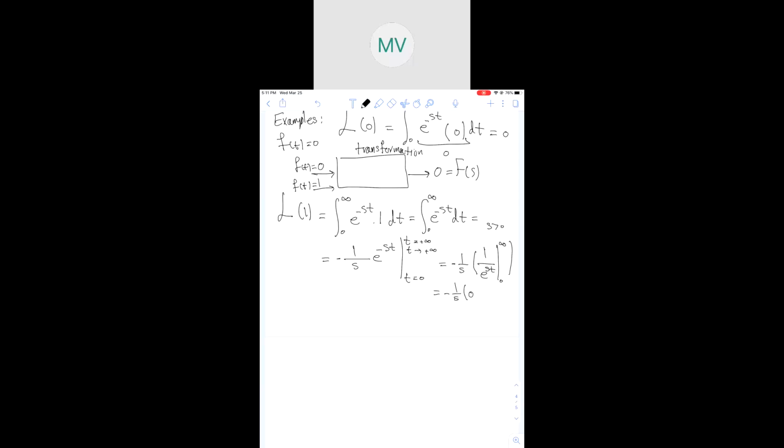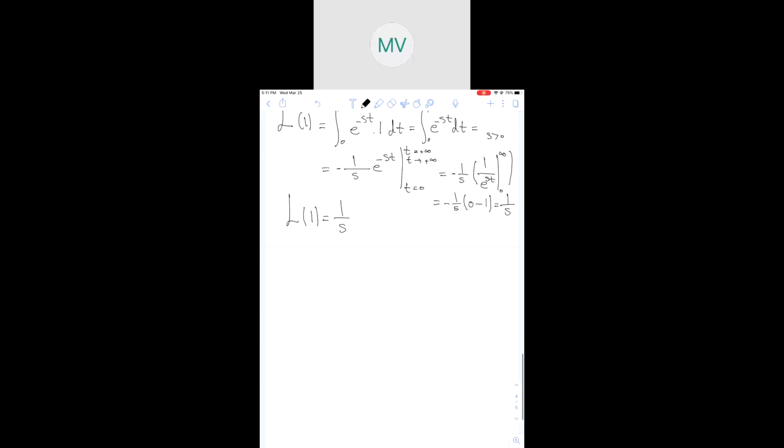Remember, the denominator just keeps getting larger and larger. All right, and when you plug in 0, it's simply 1. So we got 1 over s. Beautiful. So the F of s, again the Laplace transformation of 1, is 1 over s. Okay?